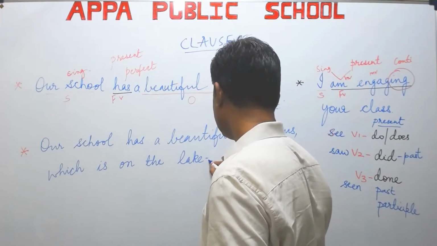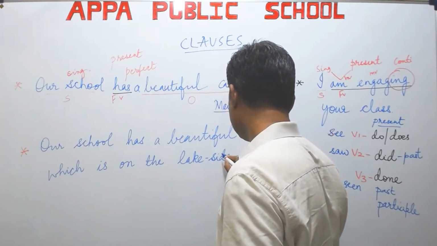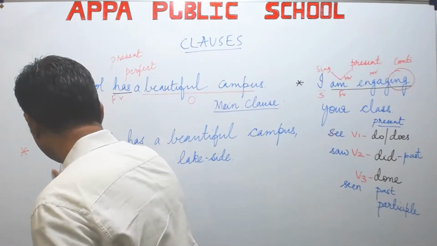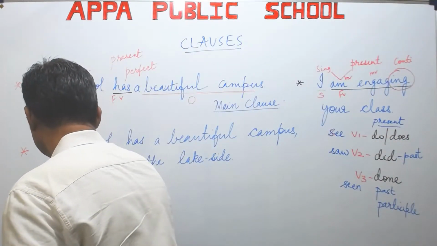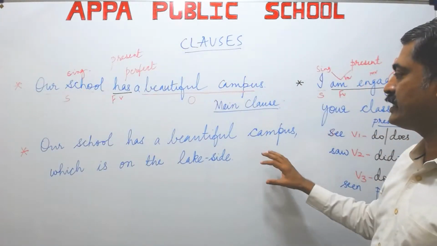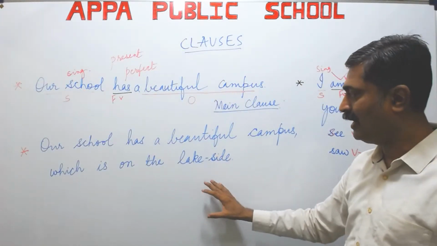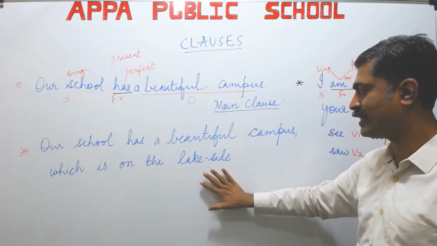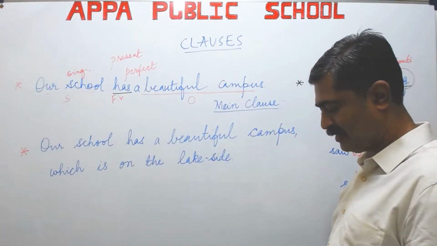Now we have extended the sentence. How have we extended the sentence? We have extended the sentence where we tell the school's location. It's on the lakeside, on the bank of the lake.